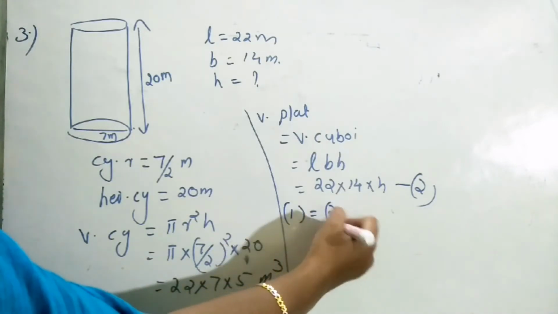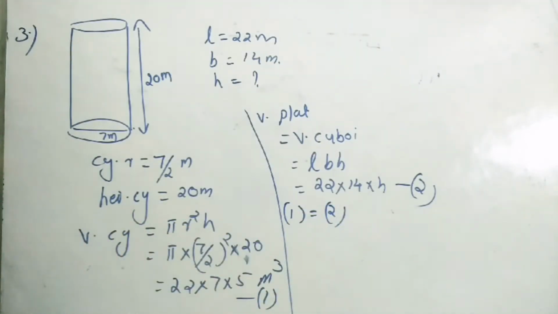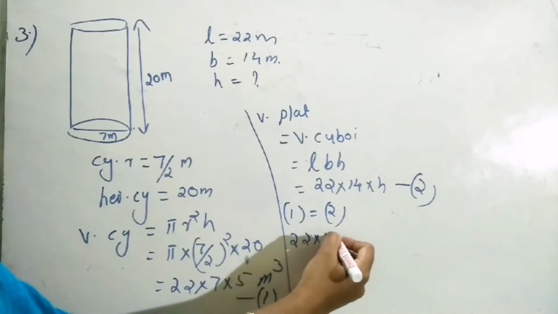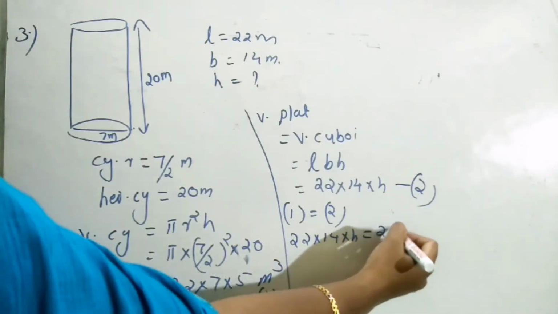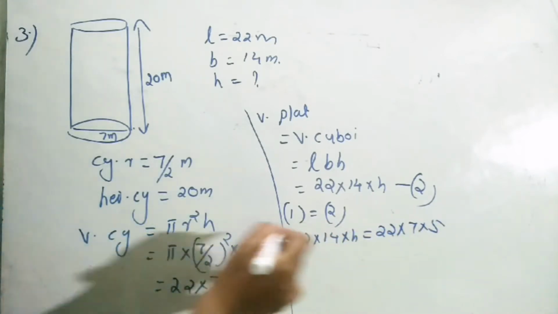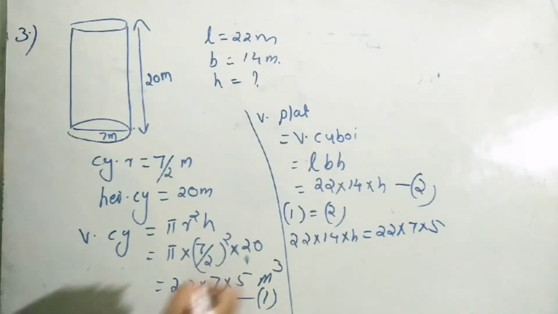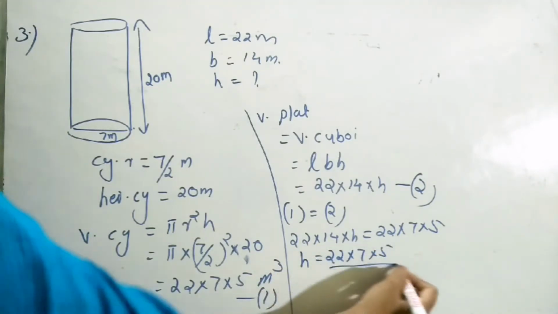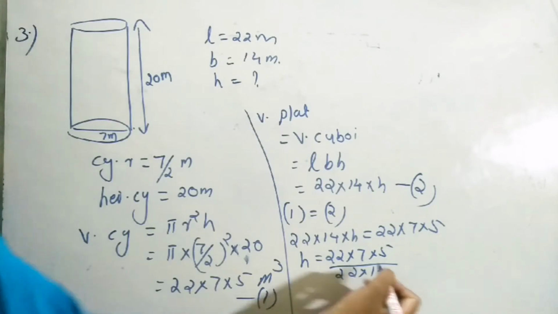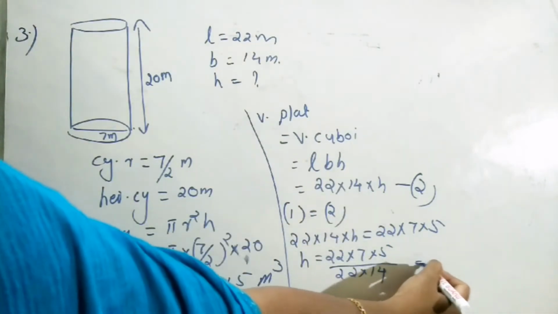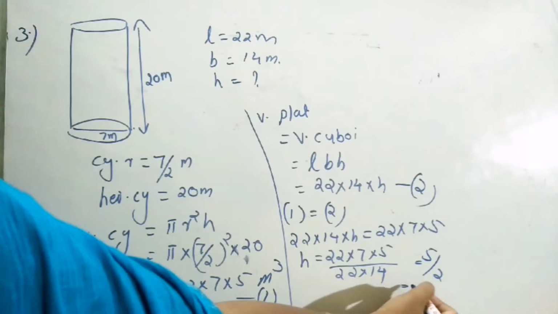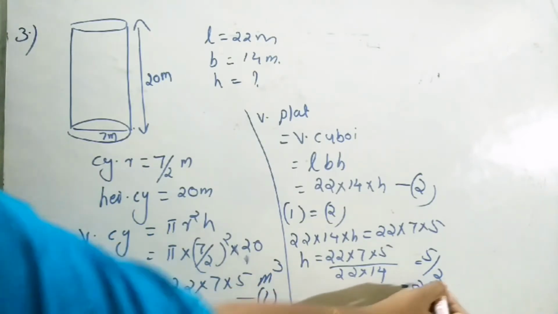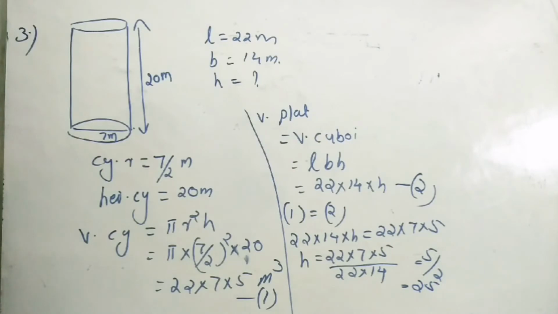That is 22 into 14 into H is equal to 22 into 7 into 5. That is H is equal to 22 into 7 into 5 divided by 22 into 14. H we will get as 5 by 2, equal to 2.5 meter. Hence the height of the platform is 2.5 meter.